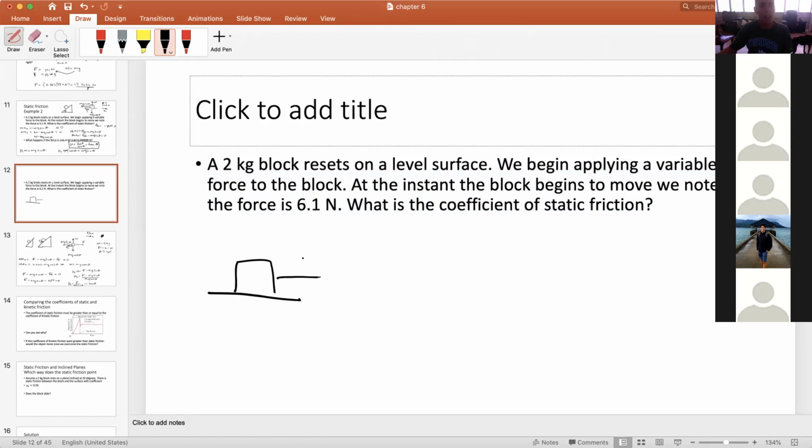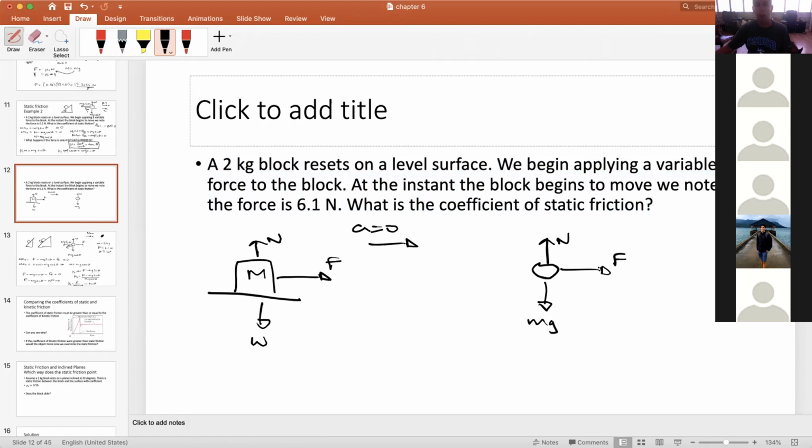So we're applying a force. There's a normal force. There's a weight. And we're going to assume that A is 0, but it goes that way. We're assuming A is 0 because it's not moving. When we draw this, you still draw the normal, you still draw mg.